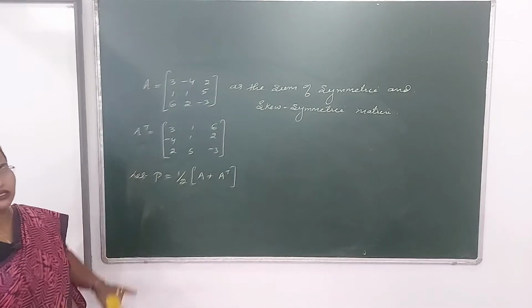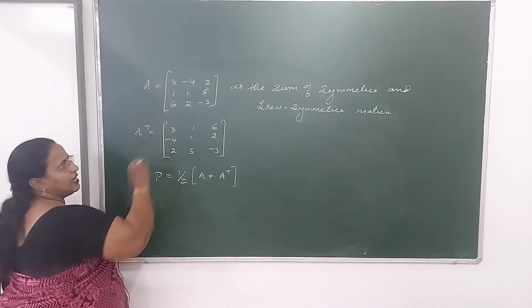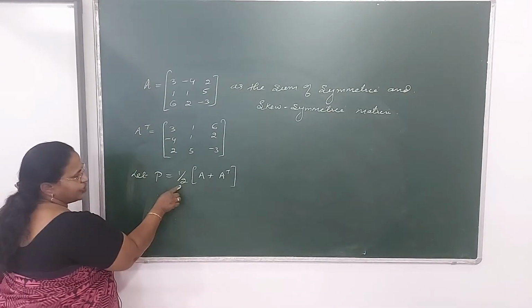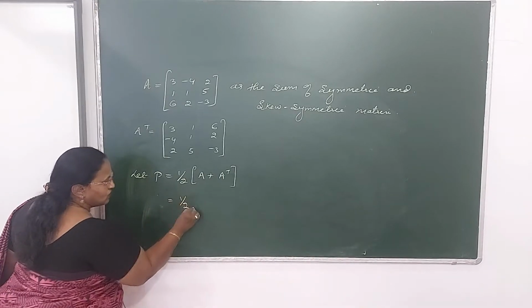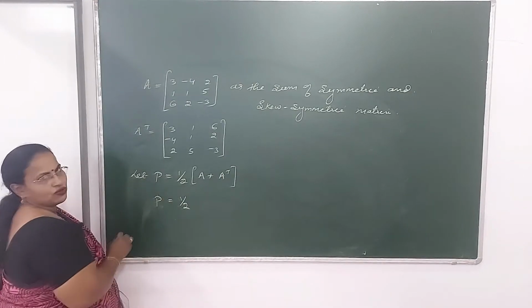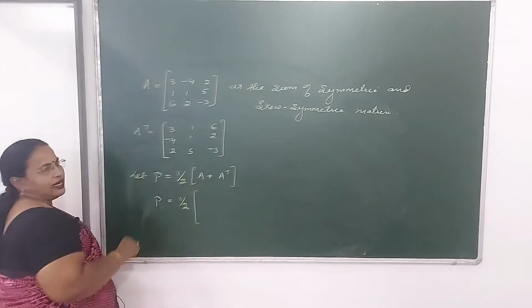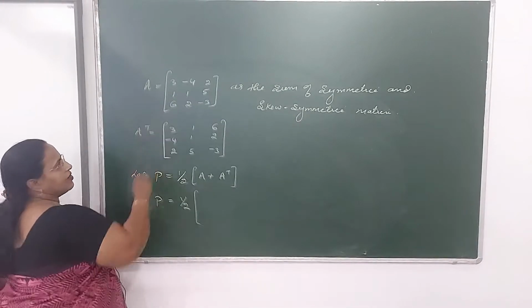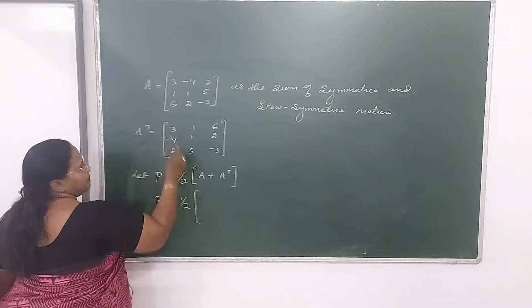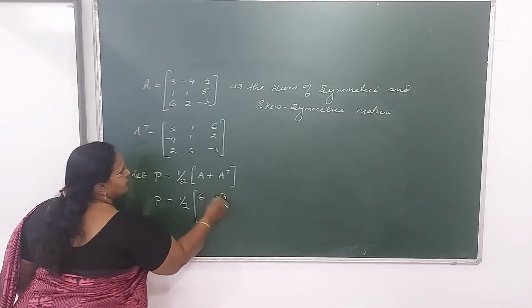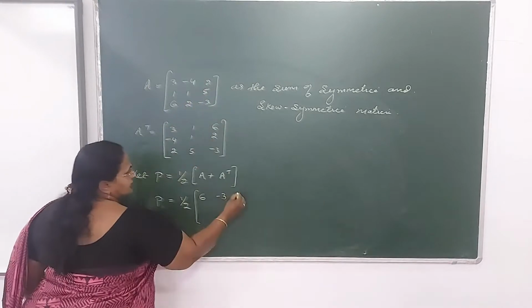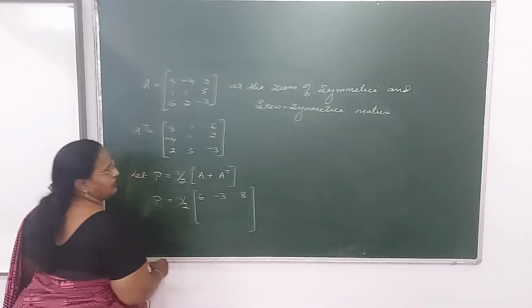Now for this, you will be adding A and A transpose, and then finally you will be multiplying it by half. So add the two. So P is equal to, we can do it directly, adding A and A transpose. So it's 3 plus 3, it's 6, minus 4 plus 1, it's minus 3, 2 plus 6 is 8, the first row is done.